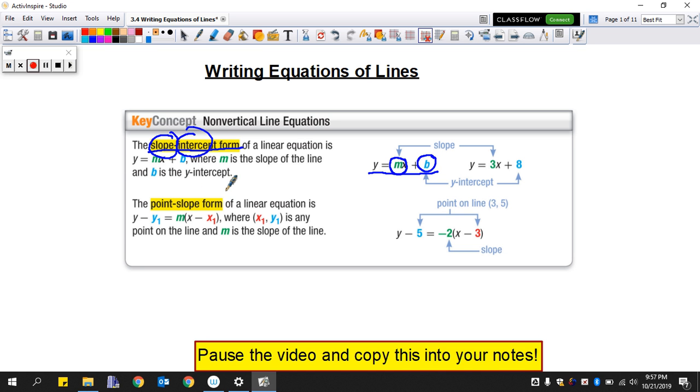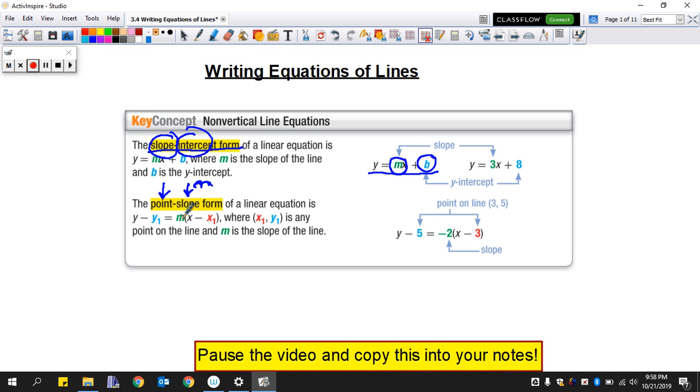The other equation that we're going to use primarily is the point slope form. And obviously, as the name implies, that's when you have a point and a slope. Once again, the slope here is going to be signified as m.